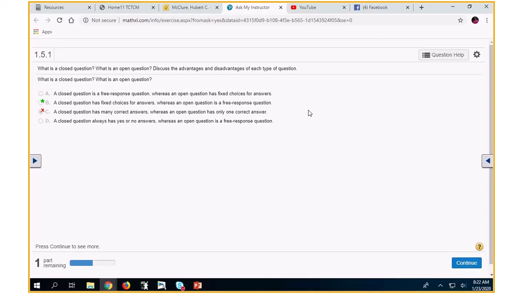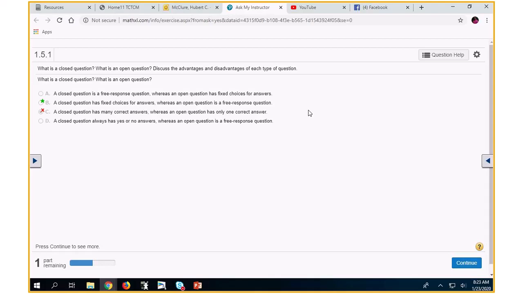So is this a closed or an open question? Closed, because you have A, B, C, and D. What is your favorite color? Blank. Is that open or closed? It's open. So write that down as an example of open.